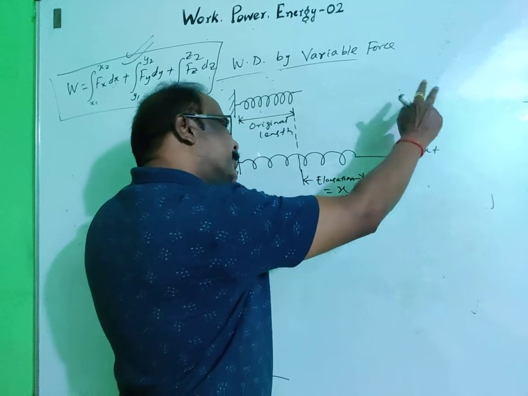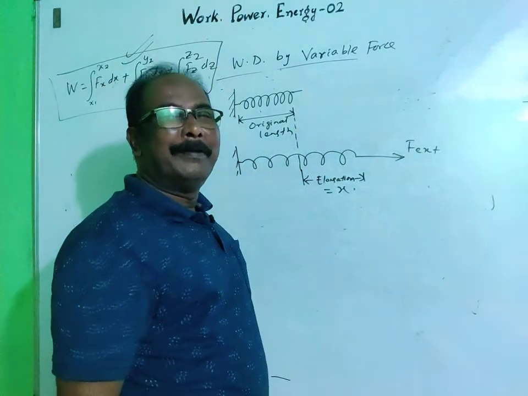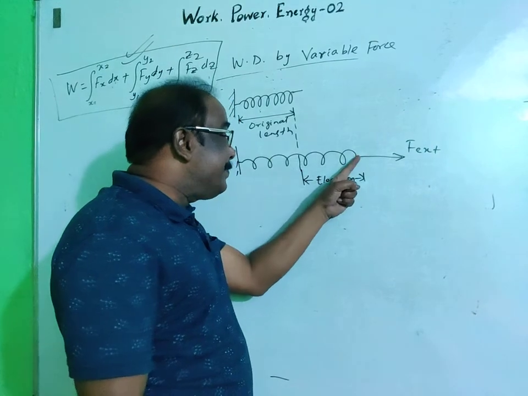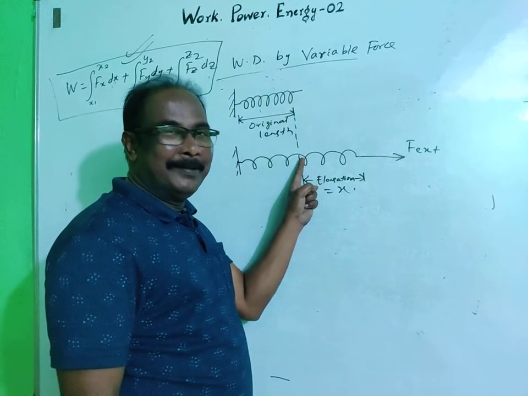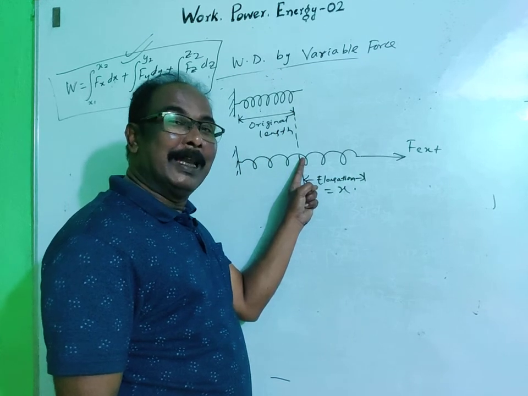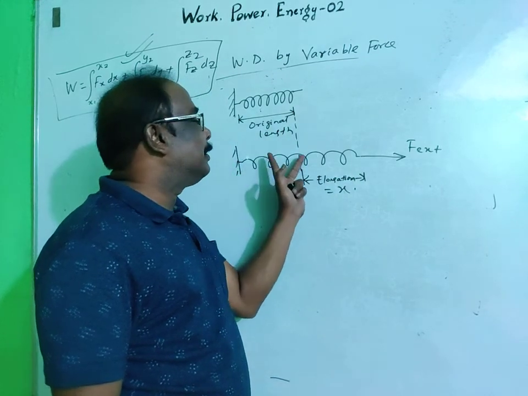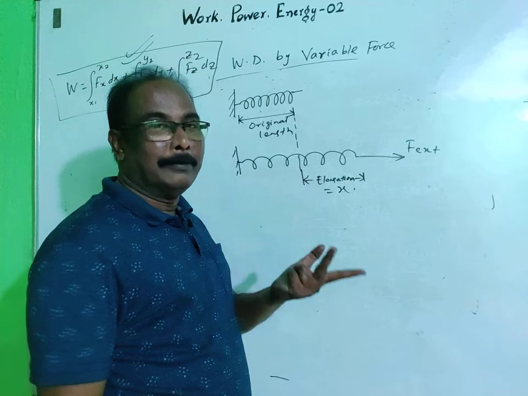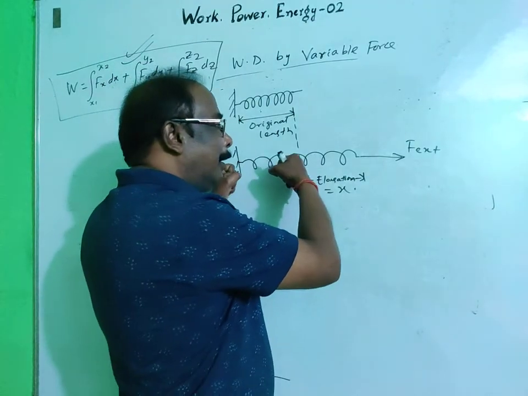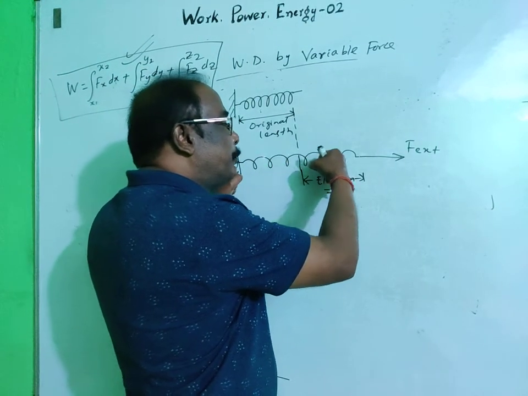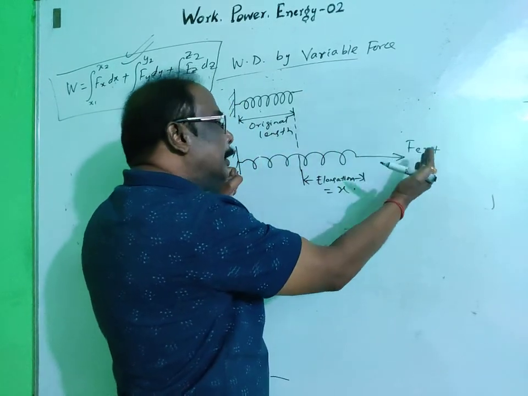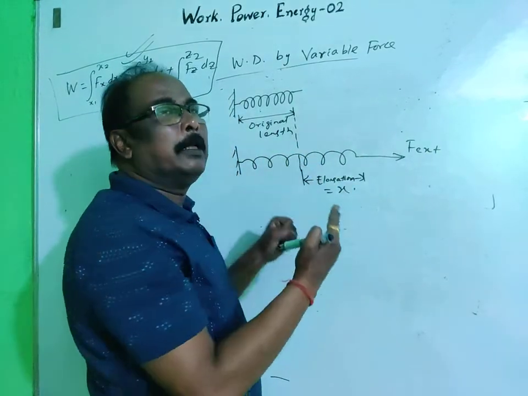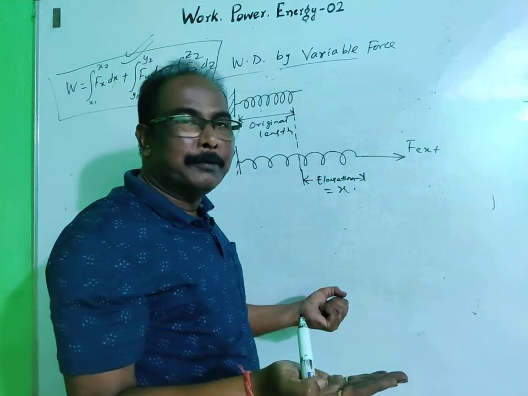Now if this external force is removed, then the spring will come back to its original configuration, meaning its original length. Why? The deforming force or external force elongates the spring. If the force is removed, it will come back to its original configuration.